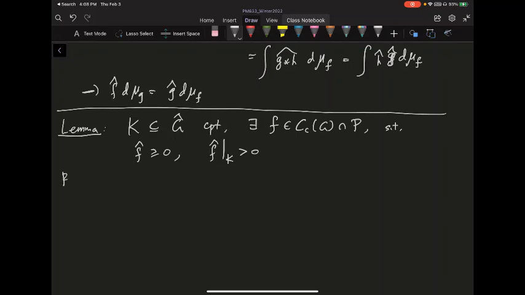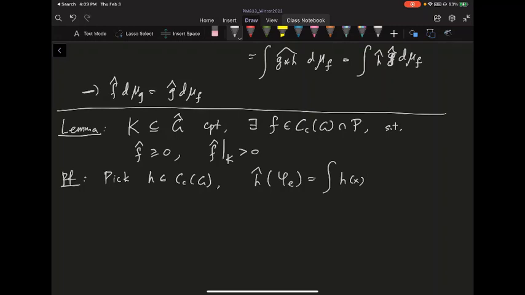Well, the proof. Let's say for every h inside C_c of G. Let's just pick some h so that ĥ, if I evaluate at the identity character, by definition, is just the integral of h of x times the identity character of x, and the identity character on all x is just equal to 1.